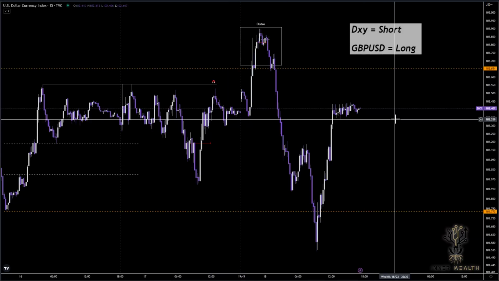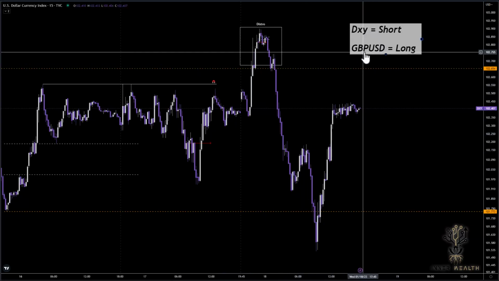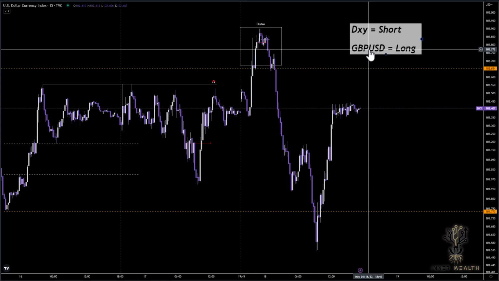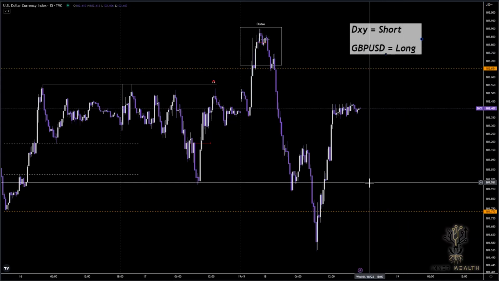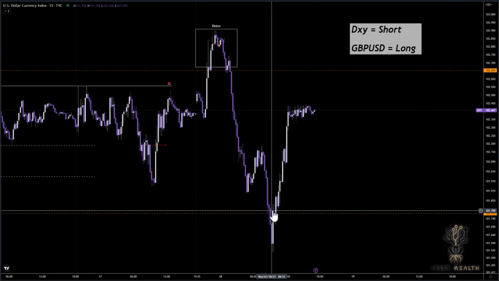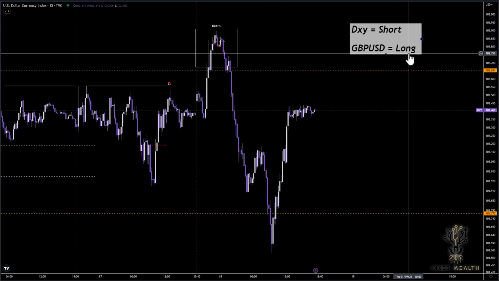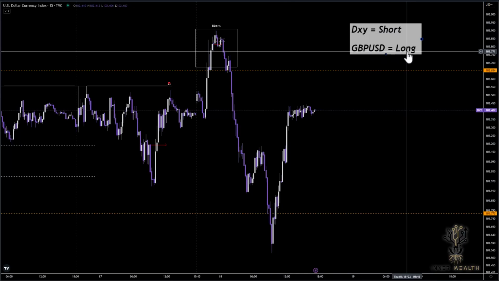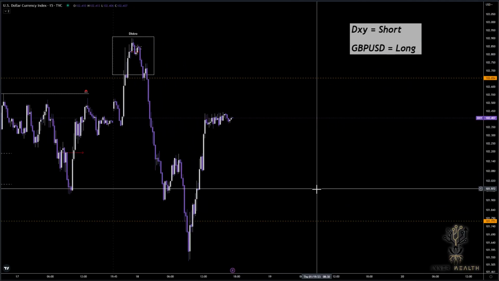Remember, if the DXY is bullish, GBPUSD is short. If the DXY is bearish or short, GBPUSD goes long, right? So I want you guys to remember that correlation, or reverse correlation.